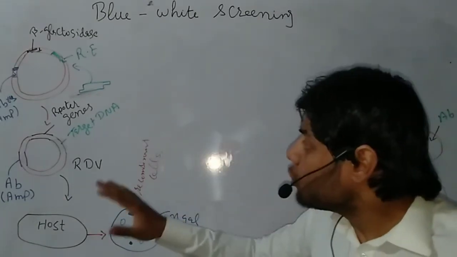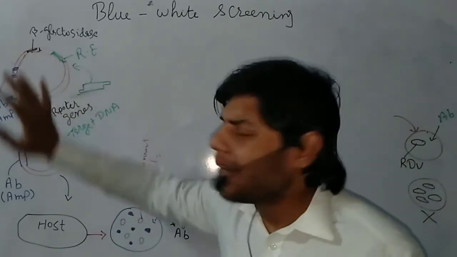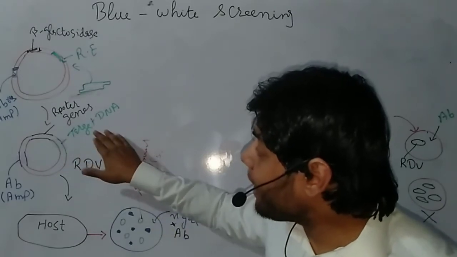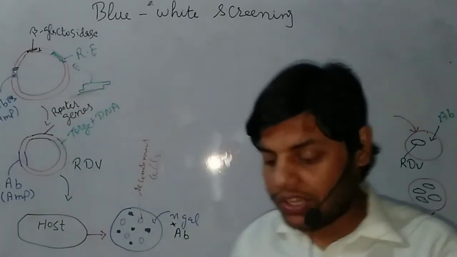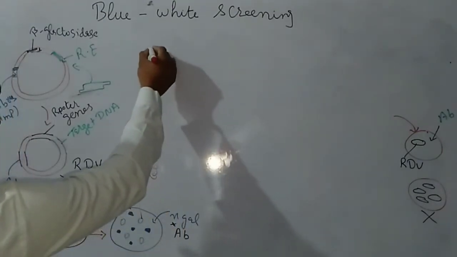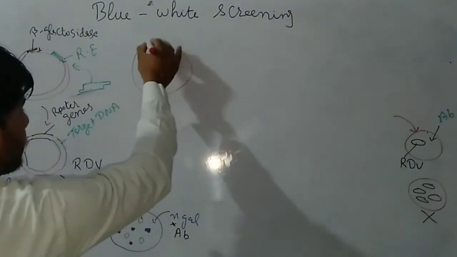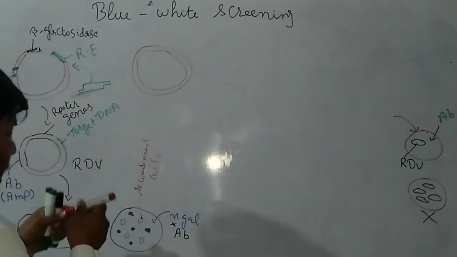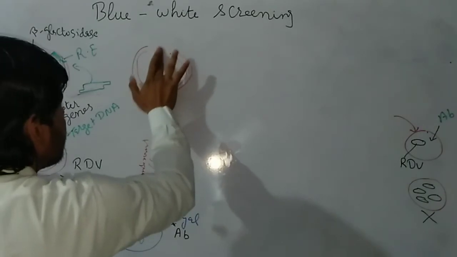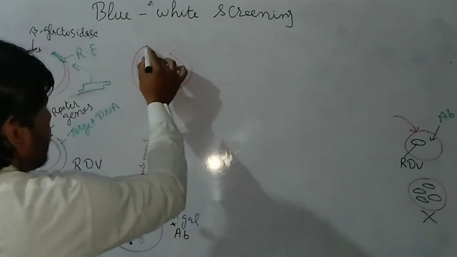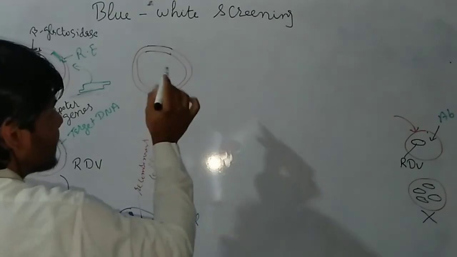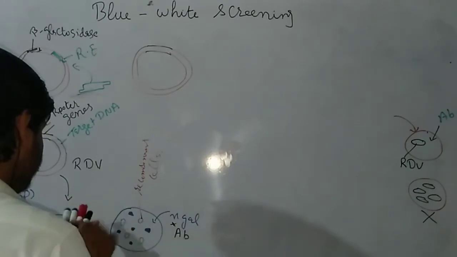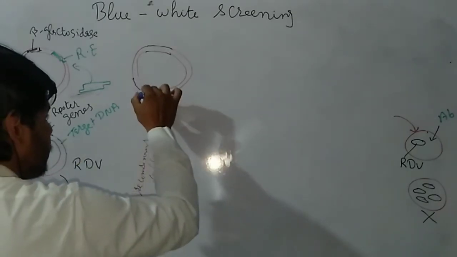Sometimes what actually happens? Let's suppose you didn't put any kind of target DNA here, and in this case again you have the vector. Let's suppose this is again the vector. Okay, now again this black one can represent the reporter genes, or the beta galactosidase producing genes, and this blue one can represent the antibiotic resistance genes.